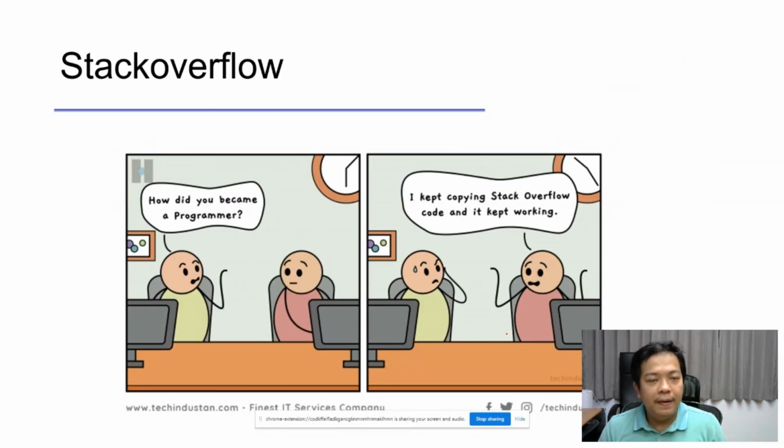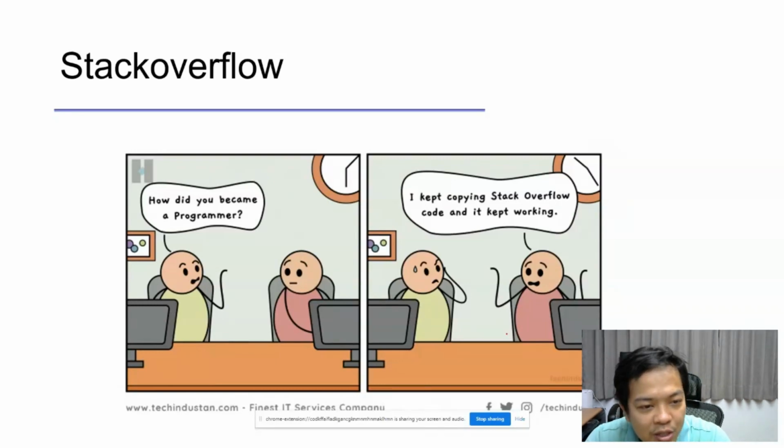Okay, this is one funny story again. If you're working on code, you will know about Stack Overflow, one very famous website. This week is talking about Stack Overflow. Eventually, it's a kind of security problem, but there is one website with the same name that is very famous in programming.